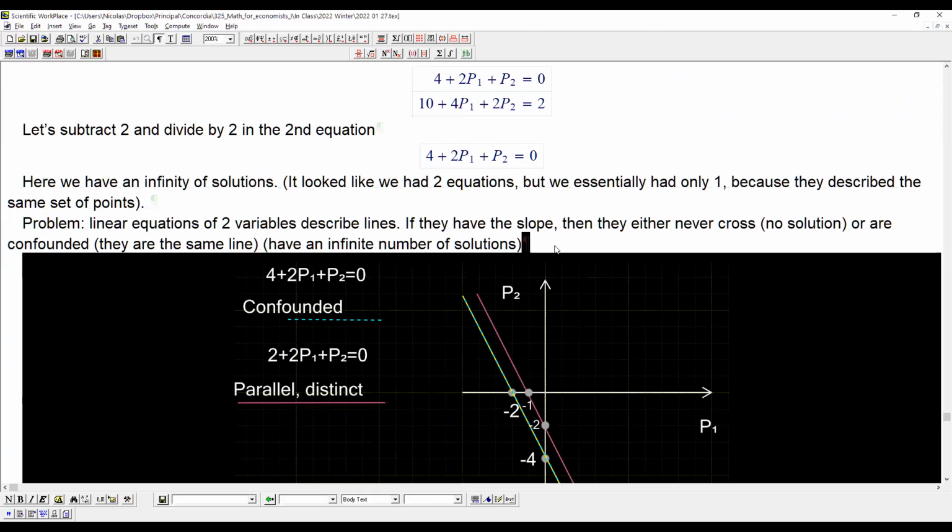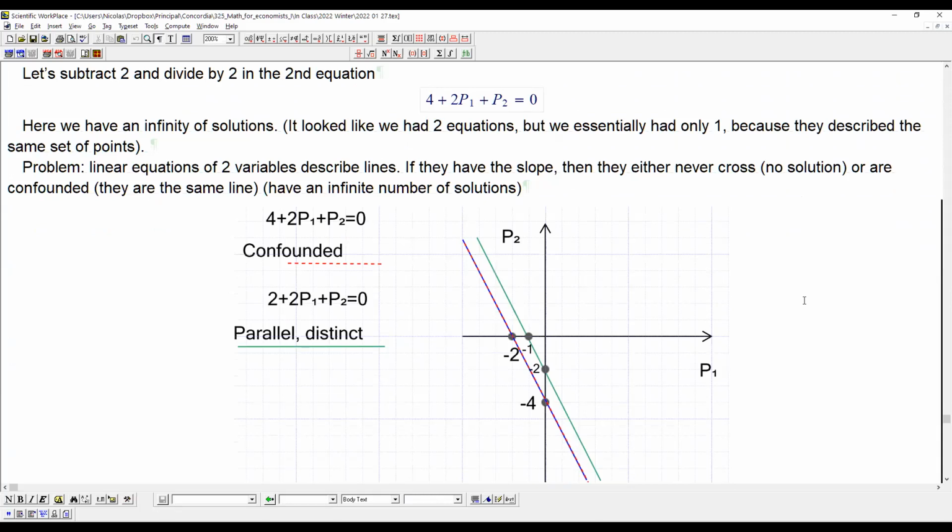So is that clear? I could have added the case where they cross, but that's trivial, right? That's the one we know.